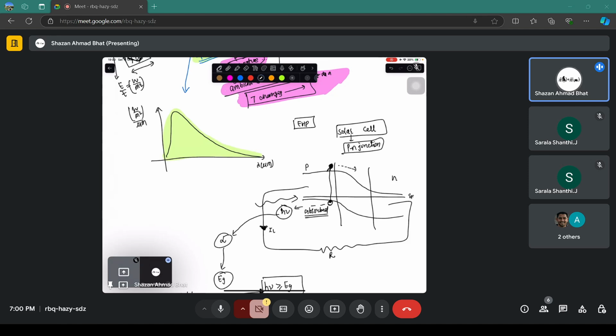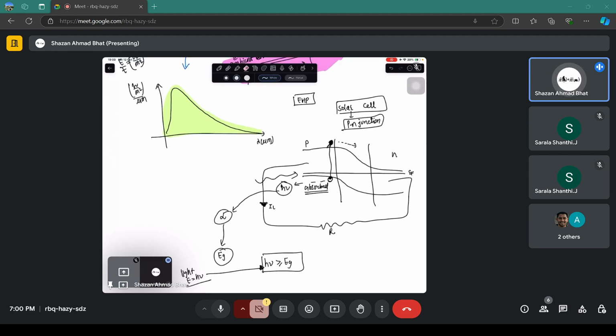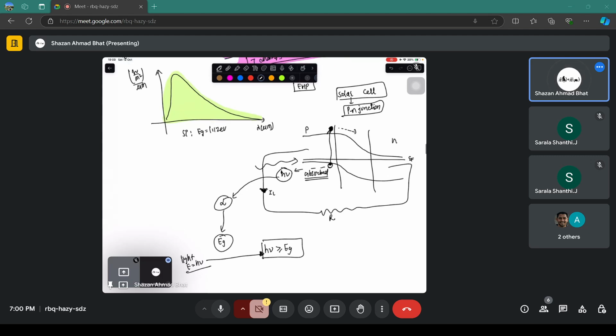Okay, now let's say you have silicon with a band gap of approximately 1.12 electron volt. This is basically the irradiance.